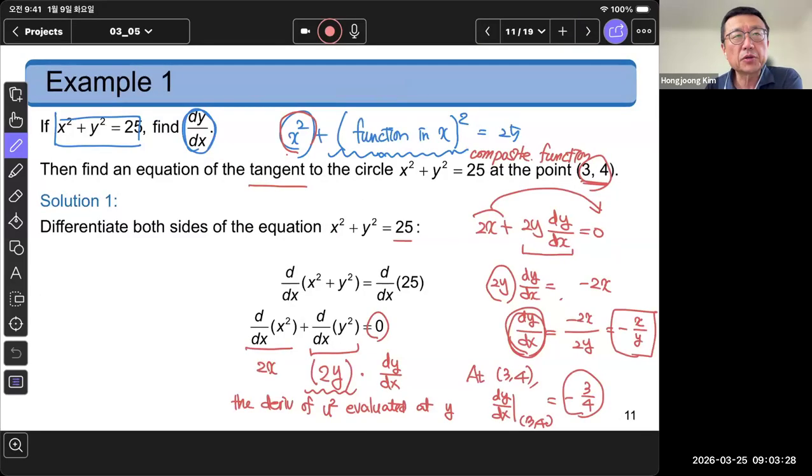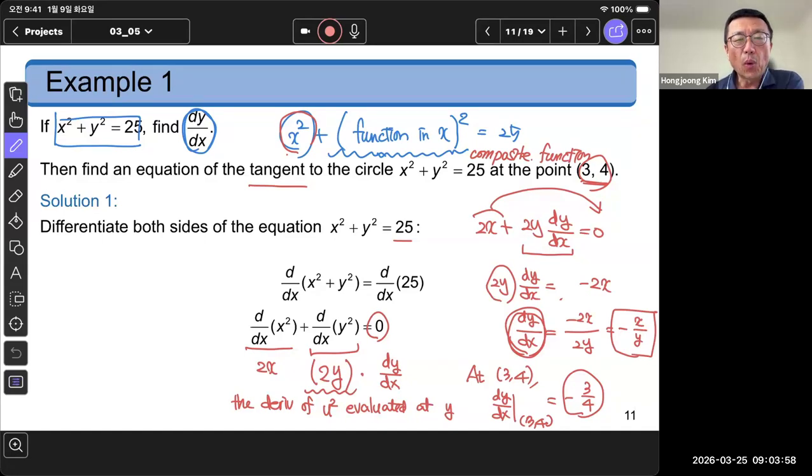So we consider example one. If we have x squared plus y squared equals 25, and we want to find dy dx, we can differentiate each side of the equation with respect to x. When you differentiate y in terms of x, you need to remember that y is a function.